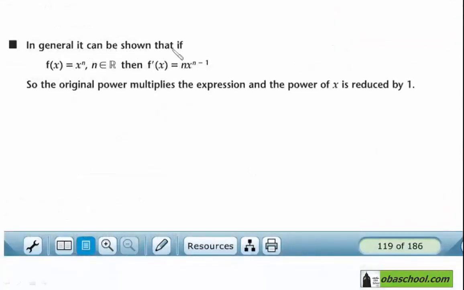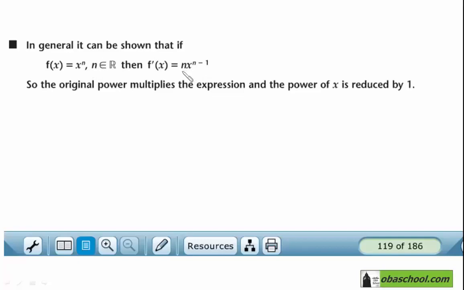We can say, in general, it can be shown that if f of x equal x to the power n, where n is any real number, then f prime of x is equal to n multiplied by x to the power n minus 1.